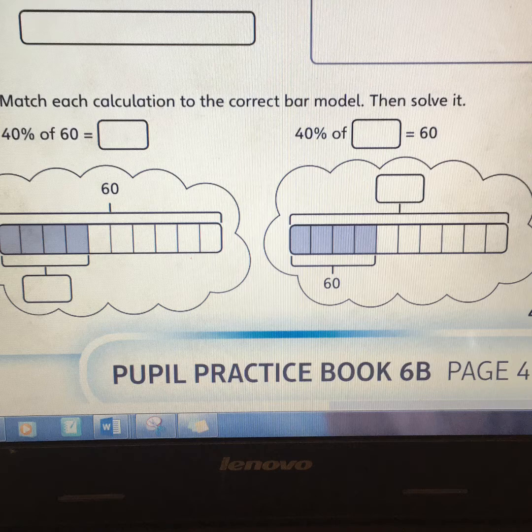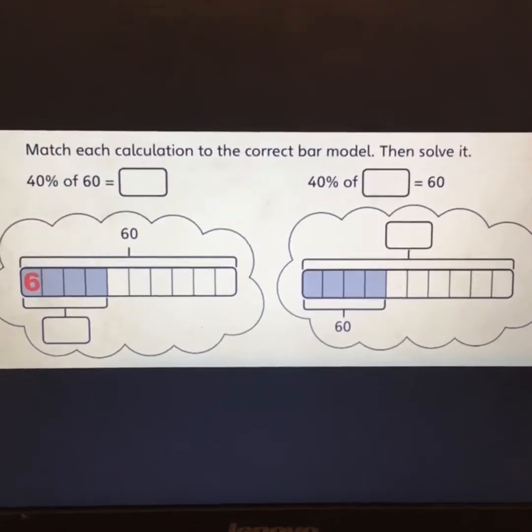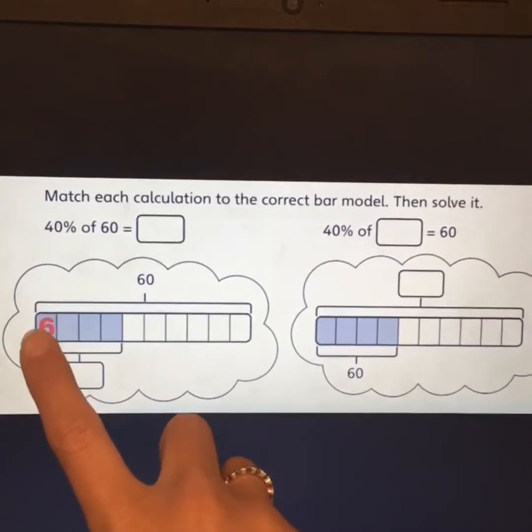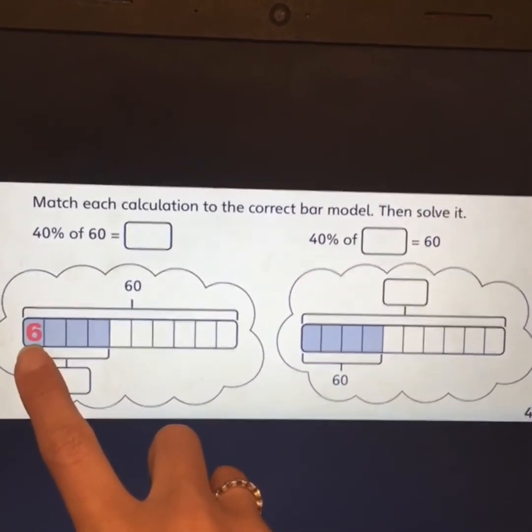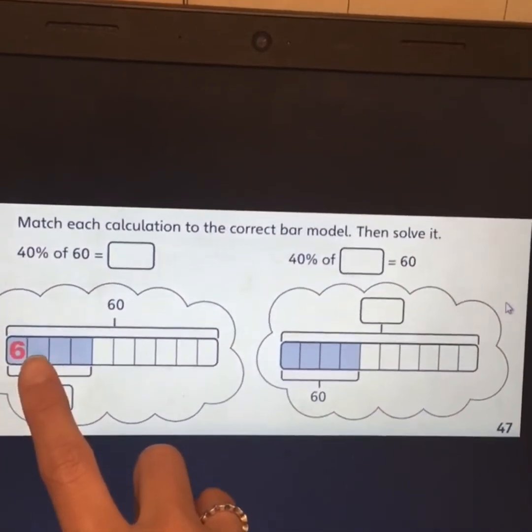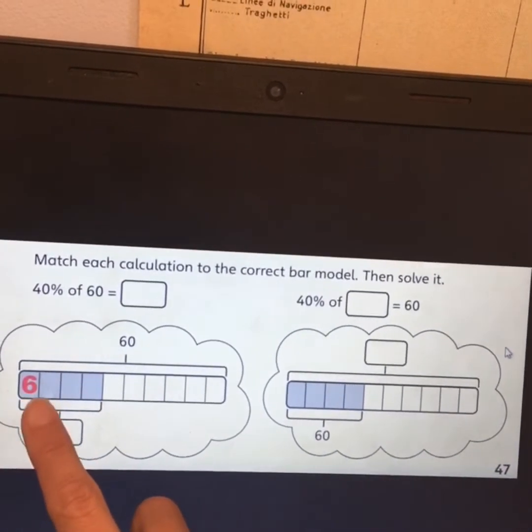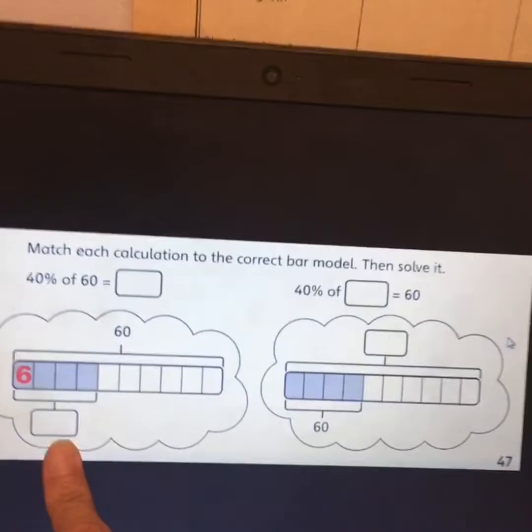So 10% of 60, to find out 10%, we divide by 10, would be 6. So now I know that one of these 10% is worth 6. So if this part's 6, this part's 6, this part's 6, and this part is 6, 40% then is going to be 4 times 6, which is 24.